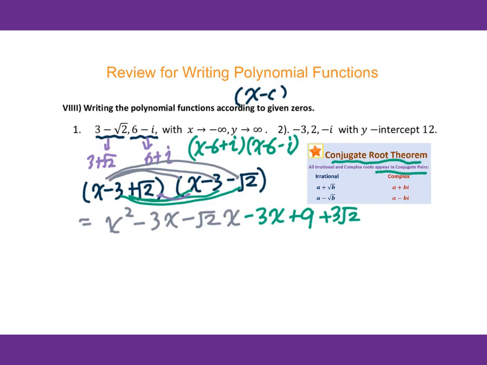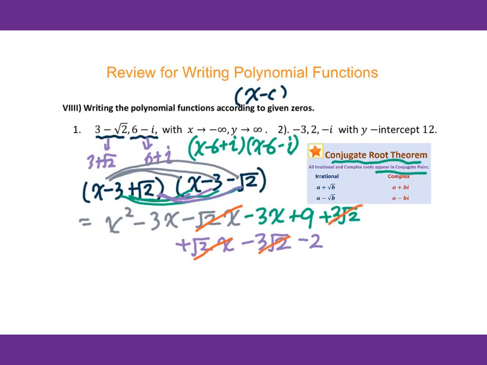Then you will get this 3, that will be plus square root of 2x minus 3 square root of 2, then minus 2. Remember, any term with the irrational number will be cancelled out.